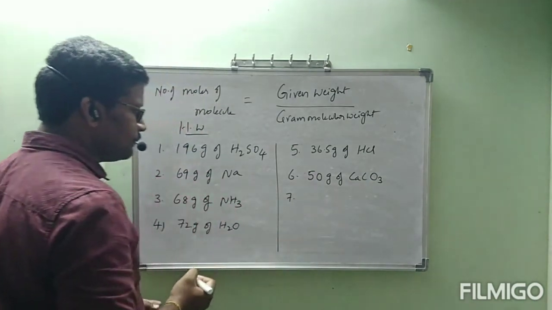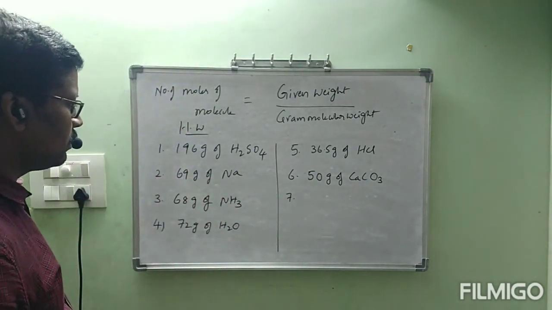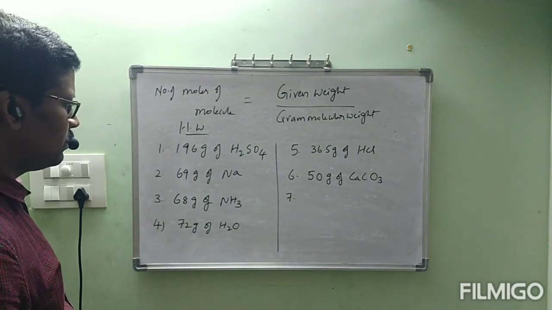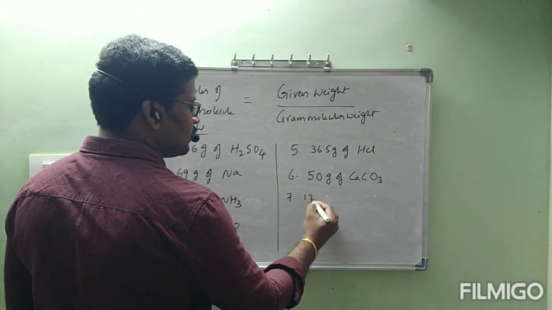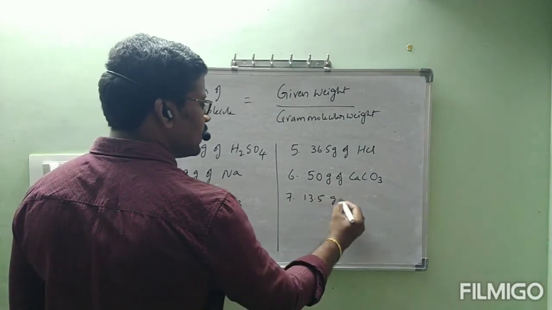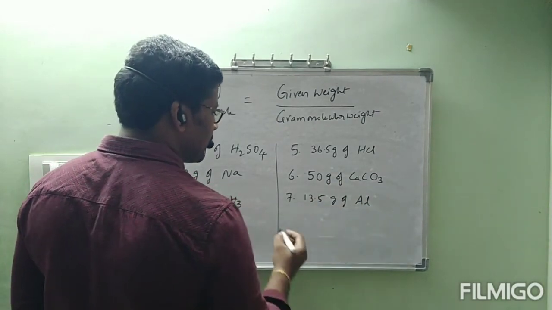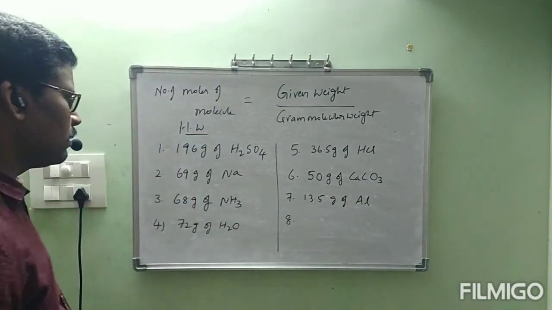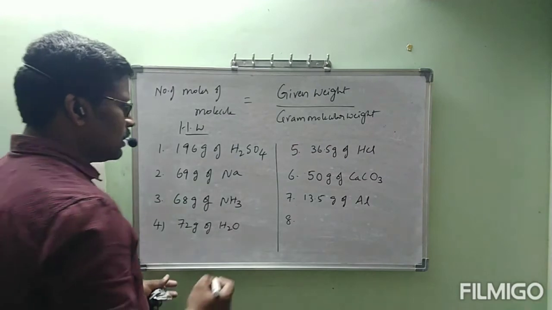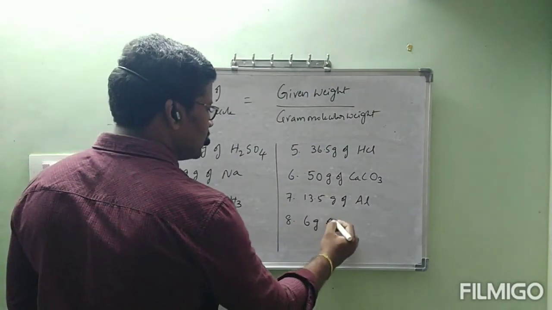Seventh one, 13.5 grams of aluminium. Eighth one, 6 grams of magnesium.